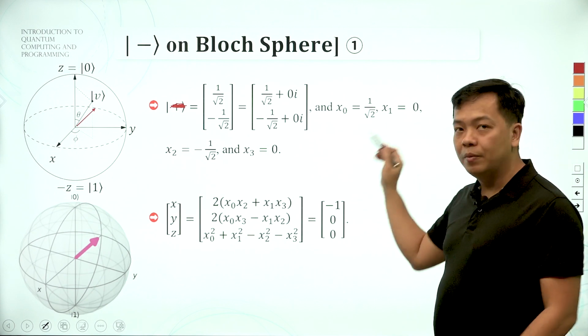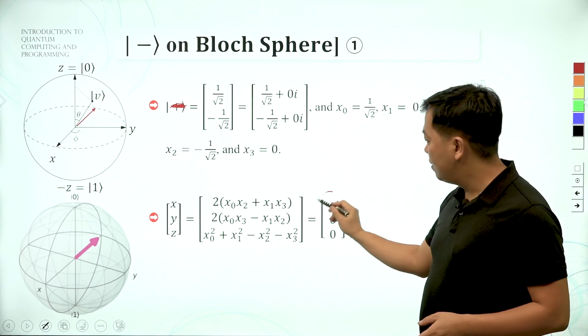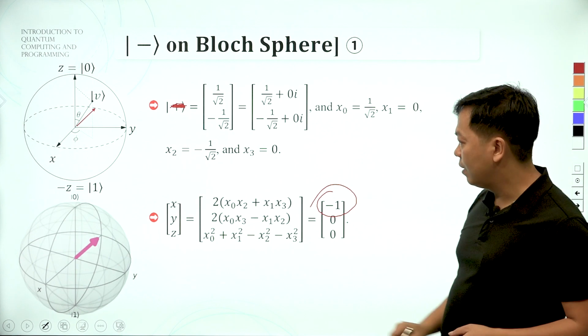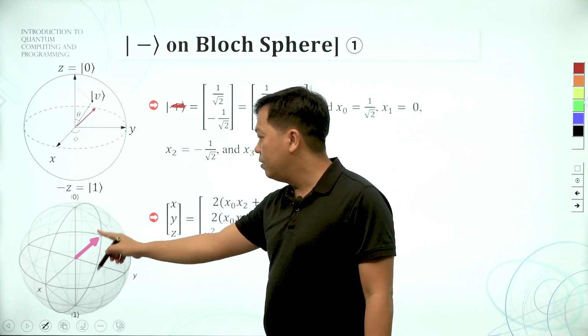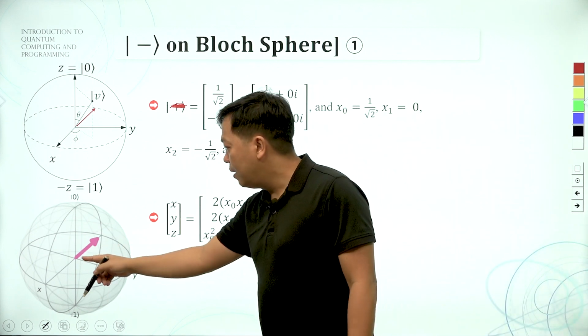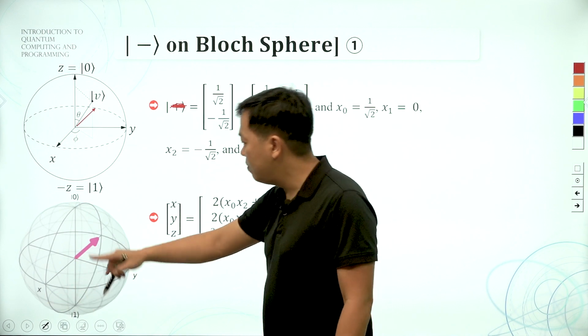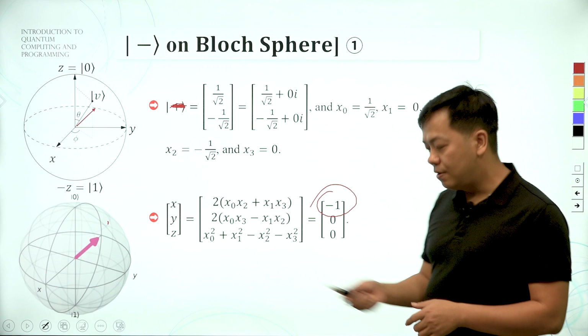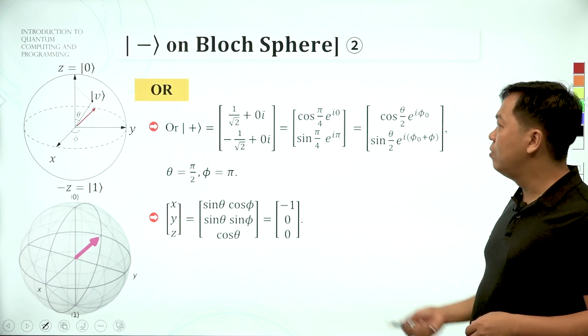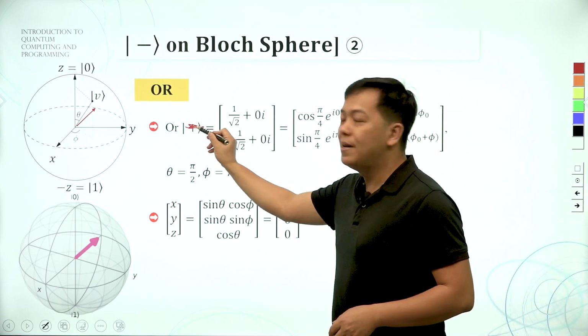After you use the same methods, you can see the arrow goes the opposite way. Positive goes to this one, but negative goes to this one. That is how the two differ. Okay, this one is negative.